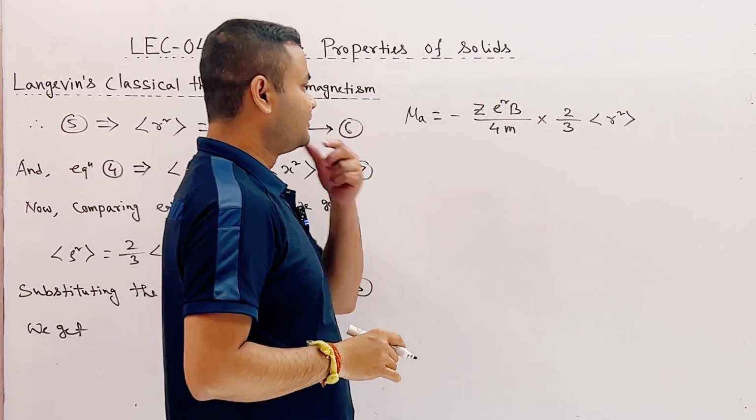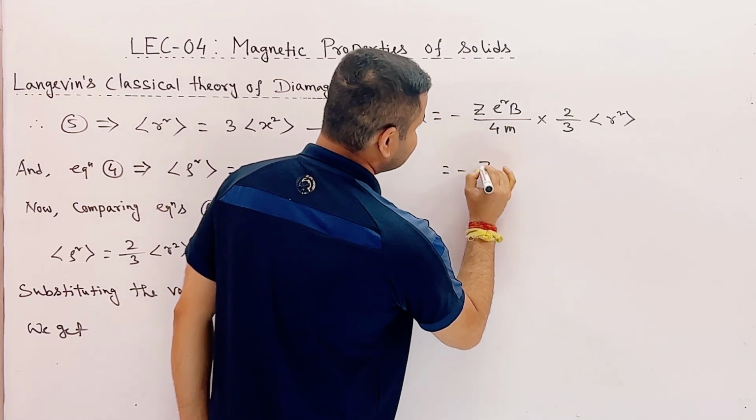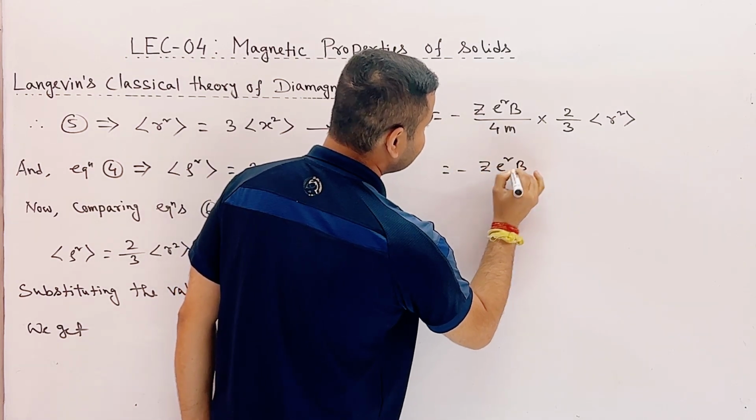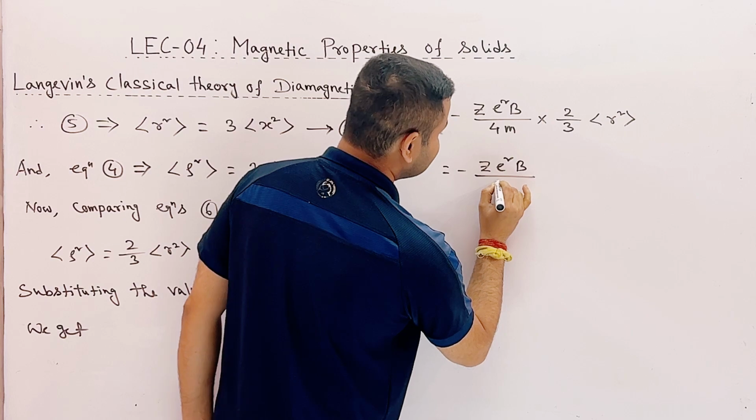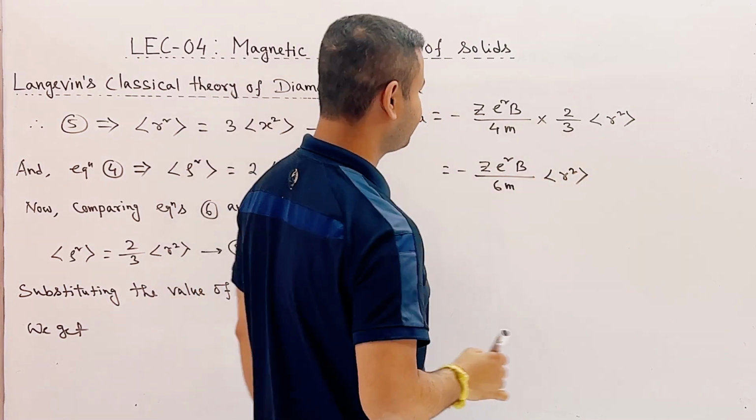After simplification, we will get minus Z into E square B divided by 6m into average value of r square.